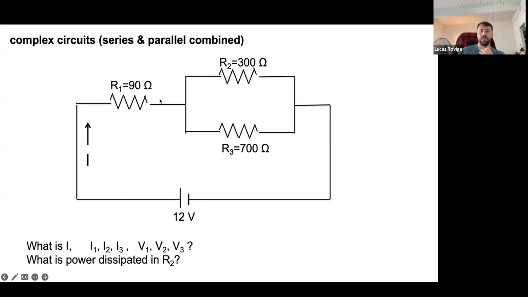And so it's not so straightforward to get the answer. So let's see how we would get the total current going through here, but also the current going through each of those resistors, and then the power dissipated in those resistors.